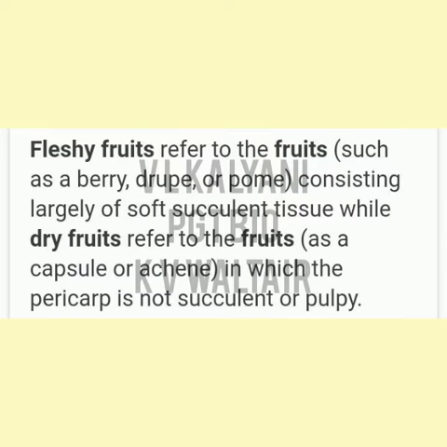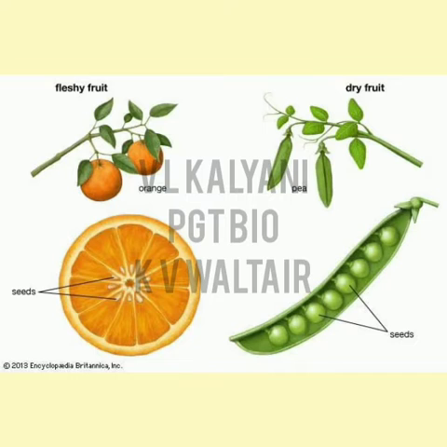Guava, you see children, when you cut inside, it is very soft. Or mango, it is very soft. They are called fleshy fruits. And the dry fruits, like groundnut or mustard and many others that we eat, are called dry fruits. No fleshy or pulpy material is there inside.